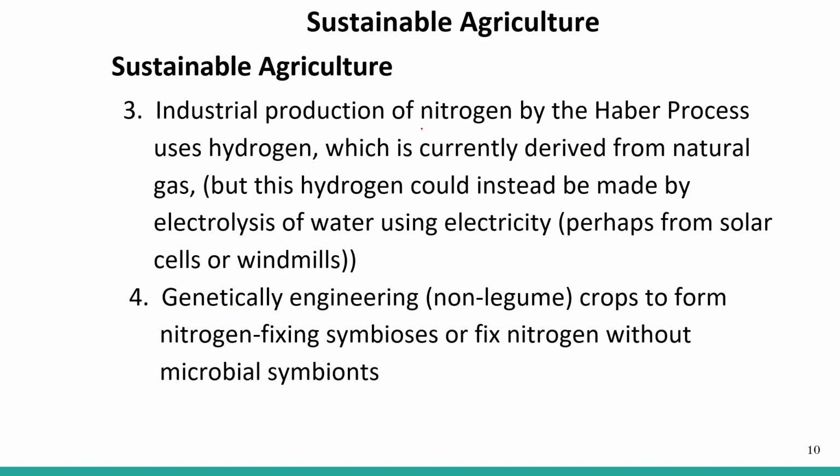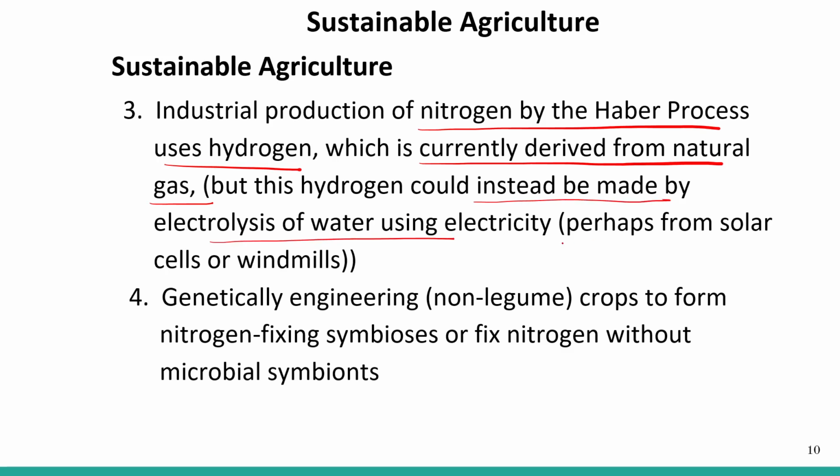Industrial production of nitrogen by the Haber process uses hydrogen, which is currently derived from natural gas. But this hydrogen could instead be made by the electrolysis of water using electricity, perhaps from solar cells or windmills.